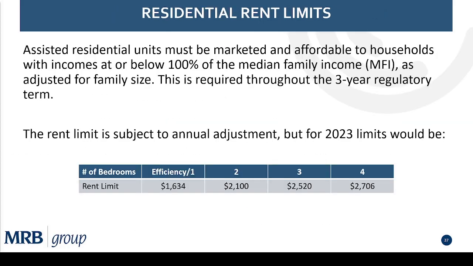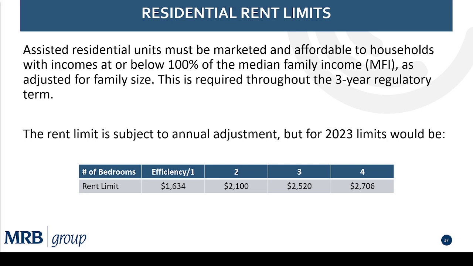Residential, I mentioned this very briefly, residential rent limits. So if you have any residential units that are being impacted by the grant program, they do have to, for that 3-year term, be marketed and rented at a rate that is affordable to anyone at 100% of the median family income.